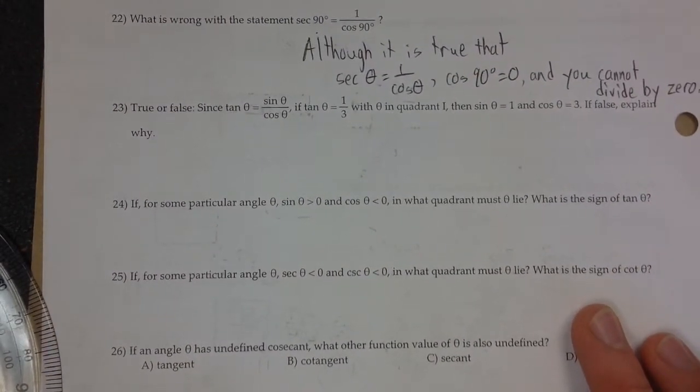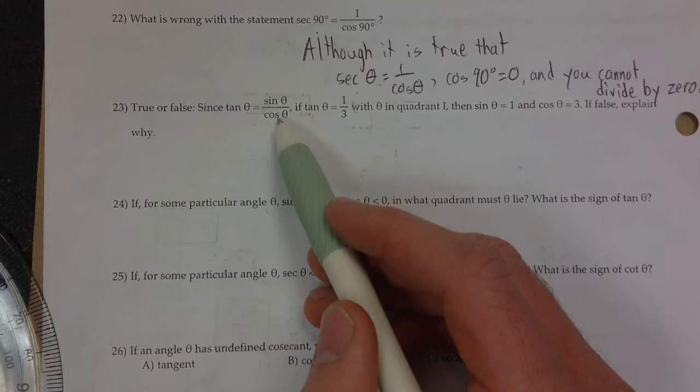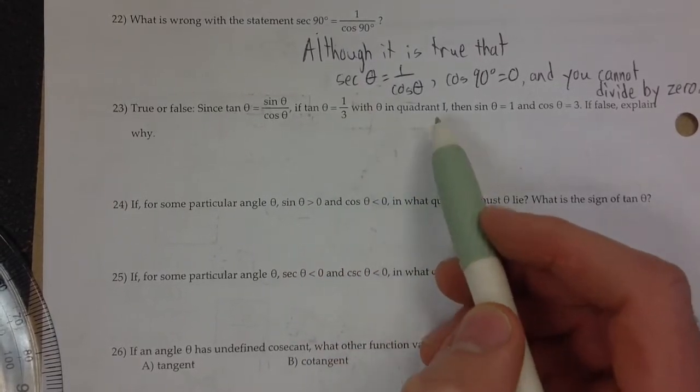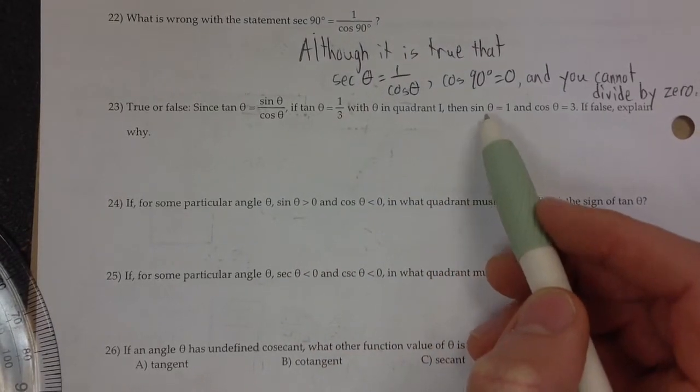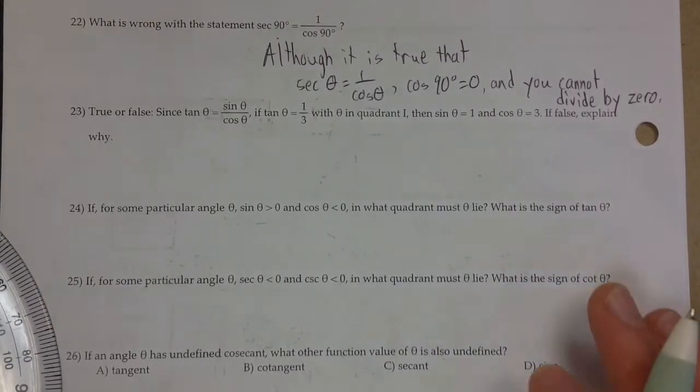23, true or false? Since tan is sine over cosine, which is true, if tan is 1 over 3 with theta in quadrant 1, then sine is 1 and cosine is 3. False. Why? Cosine can't be greater than 1.